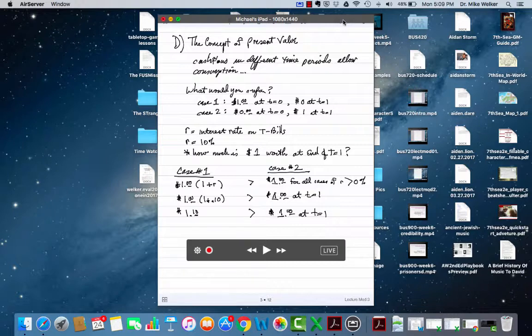Since you're rational, you prefer more to less. So here we compare the dollar values. Case number 1 is a better deal than case number 2.